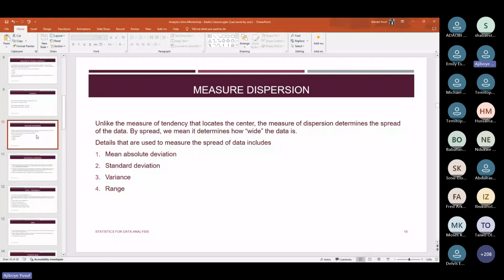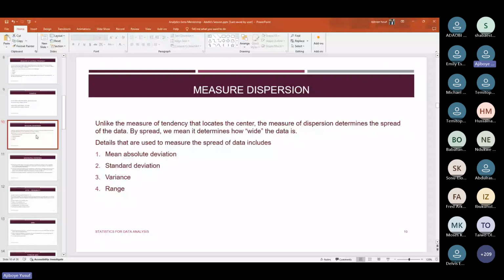So 70K is the center, the average in this case, meaning on average people in Nigeria should earn 70K. There are people who will earn more than this 70K, and whether we like it or not, some people will still earn less than this 70K. So the farther we are from the center value, the more spread out the data set is, and the closer we are, the less spread out it is.